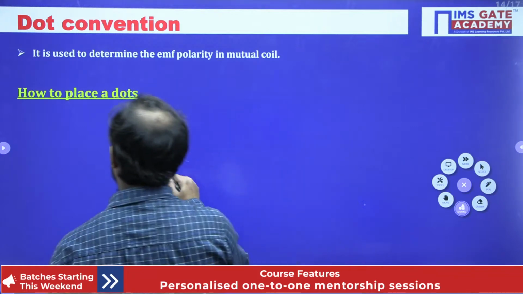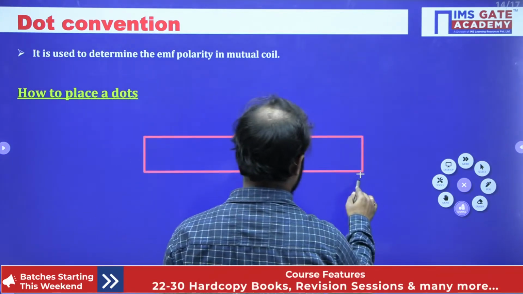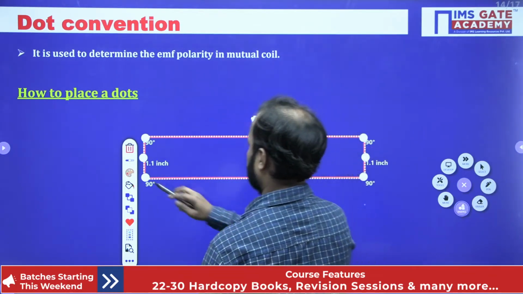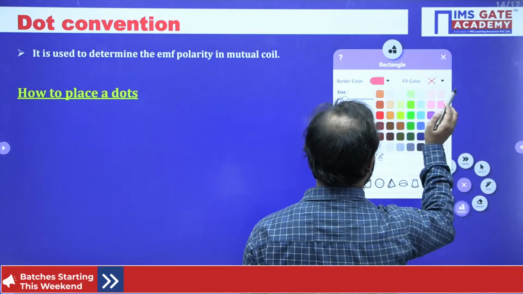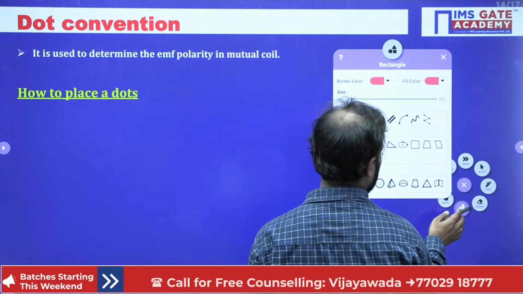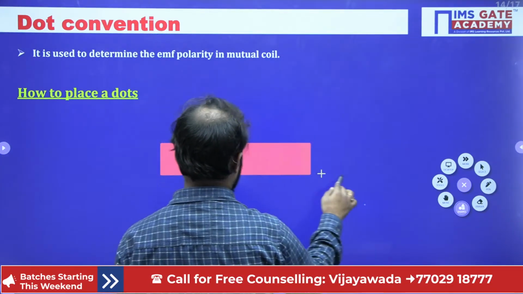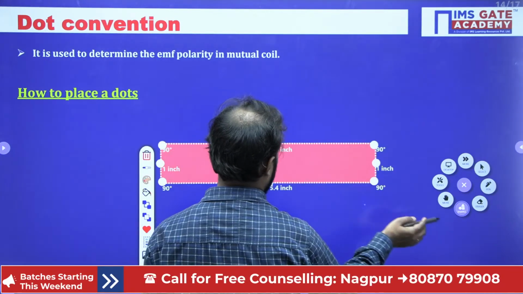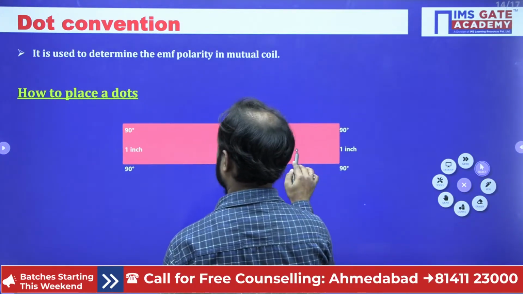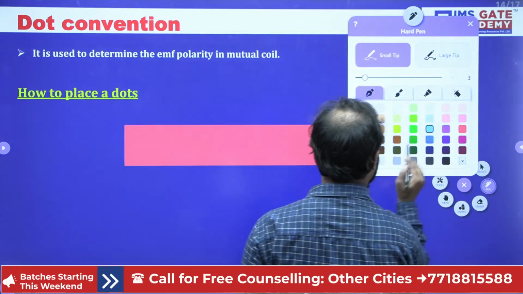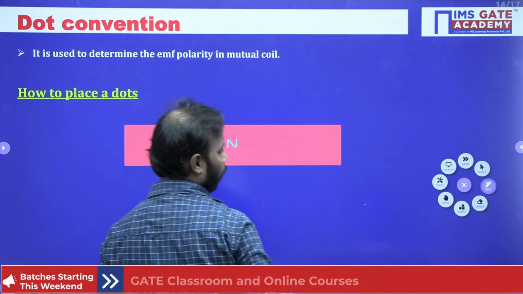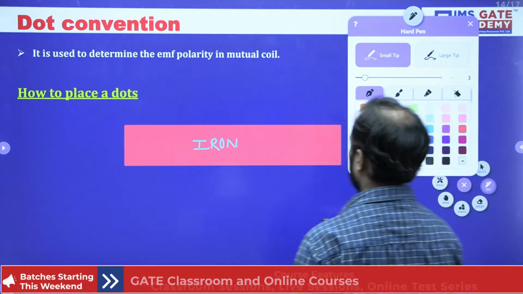Suppose you have an iron core. This is an iron piece. Okay, assume this is iron. In that iron we have two windings like this.